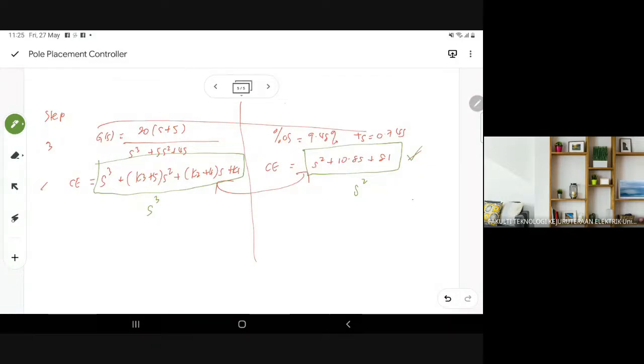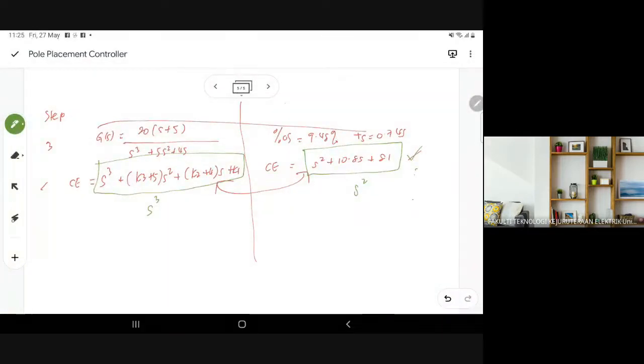Alright. So what do you think we need to do? What is the solution that we can do? Anyone? In order to compare, we must make sure both of the characteristic equations have the same order. So what can we do to make sure the systems have the same order?